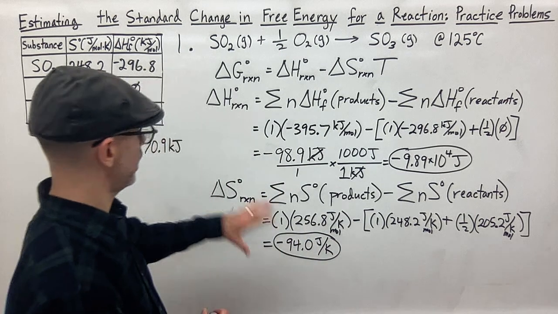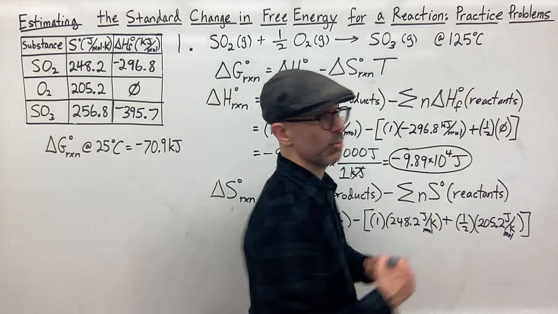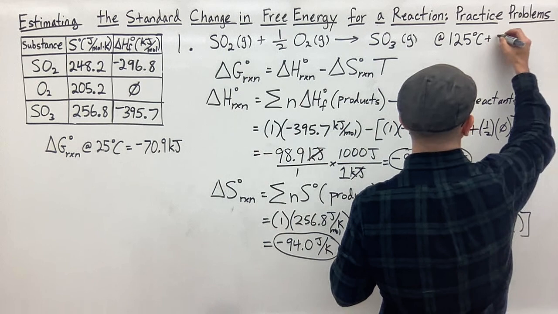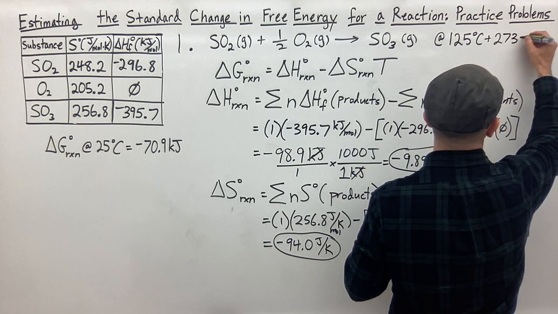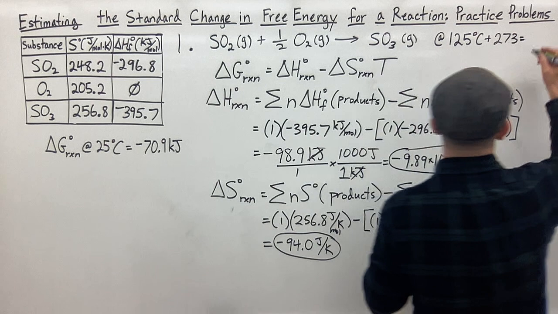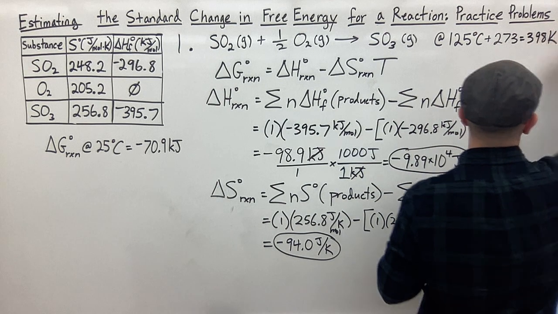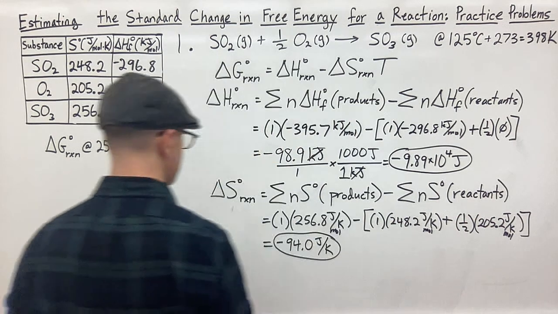So now we can go ahead and plug those into the equation, including our temperature. But remember, we have to change temperature to Kelvin. So we add 273, and that's going to give us 398 Kelvin.